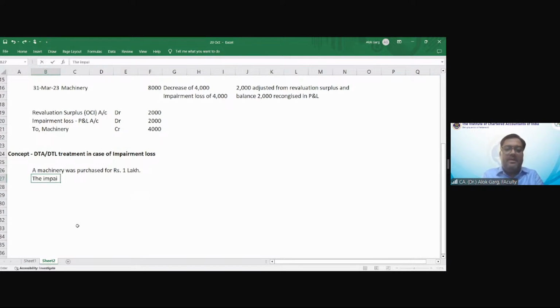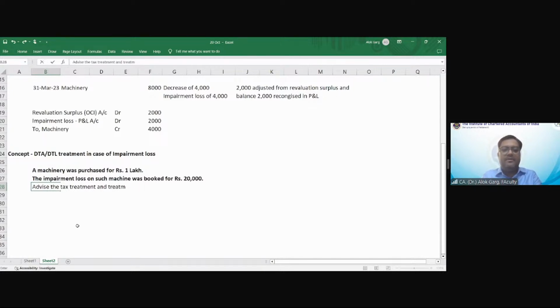The impairment loss on such machine was booked for rupees 20,000. Advise the tax treatment and book treatment.